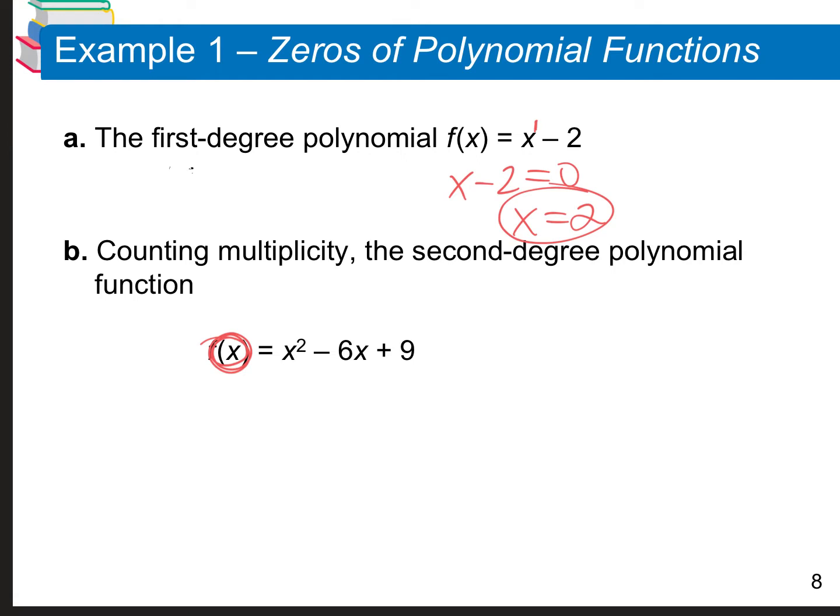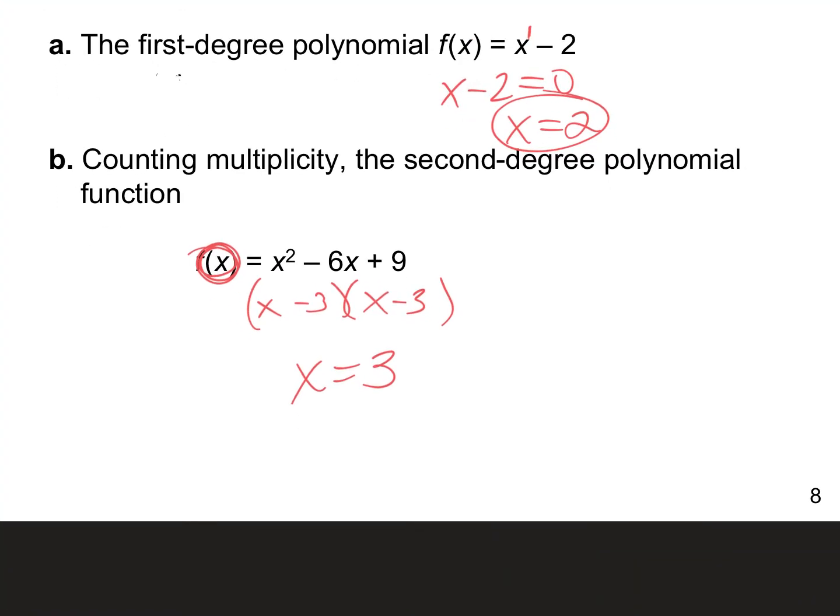So this becomes what times what? Gives me a 9 when I multiply, but a negative 6 when I add. Minus 3, minus 3. So when I set both of these equal to 0, I get x equals 3. But how many solutions do I have? 2, because I have x minus 3 twice. What does that mean if I have the same answer twice? It's multiplicity. Good. All right, all stuff we've talked about. 2 times.